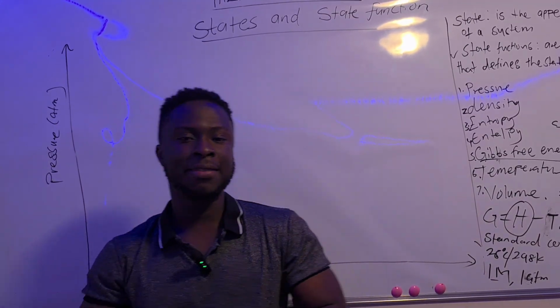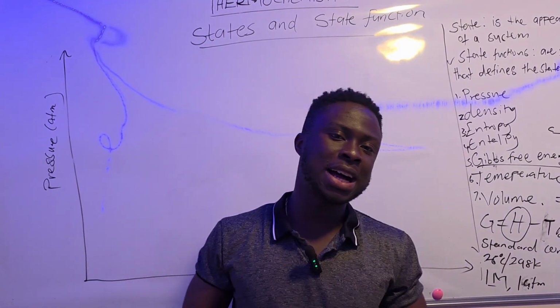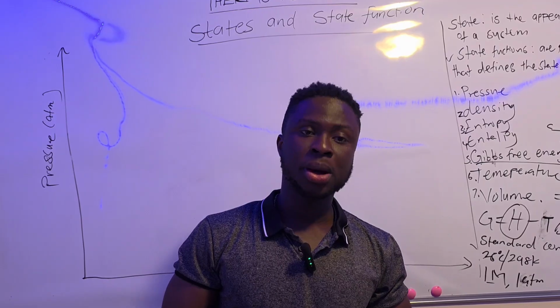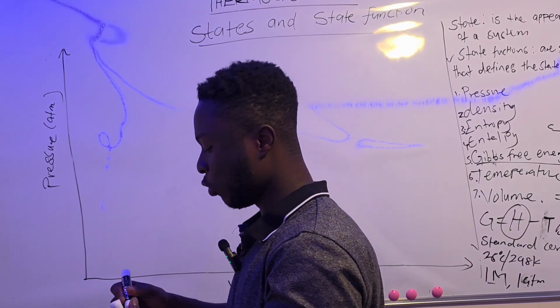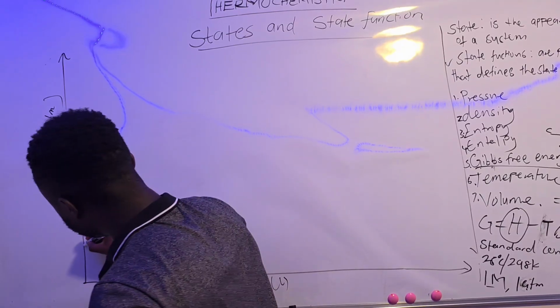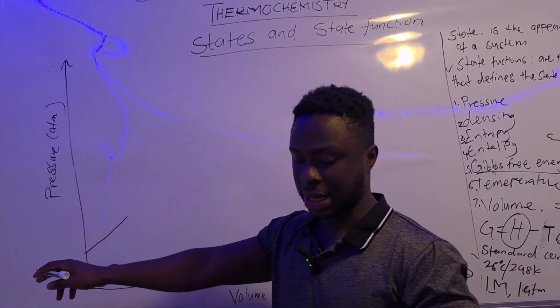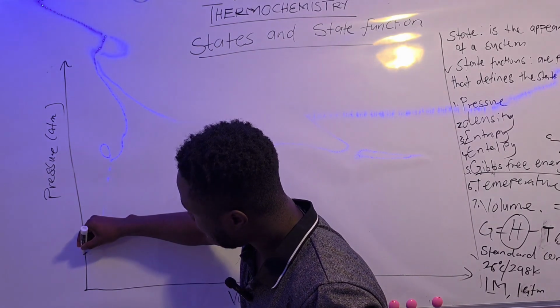Let's say I have a substance, right? I first start with a substance which has a very low pressure and then occupying low volume. So let's say I start over here. And this is a substance which has, let me just curve it a little bit.